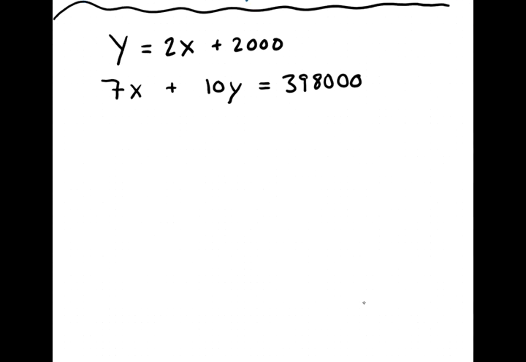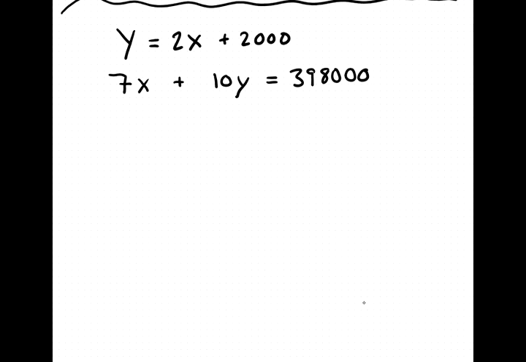Okay, so now it's no longer a word problem, it's a system of equations to solve. And this is set up nicely for substitution because one of the equations is already solved for y. So we can make this substitution, that first equation is saying y is equal to 2x plus 2,000. So the y and the 2x plus 2,000, those are interchangeable.